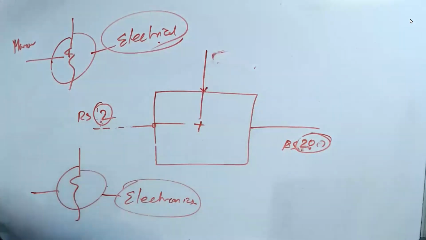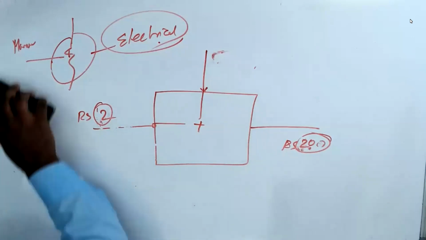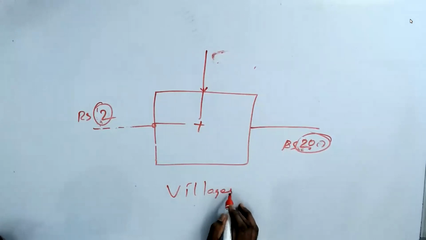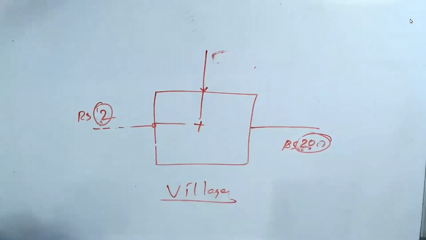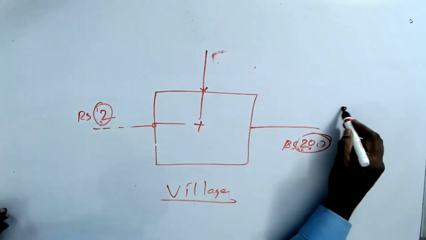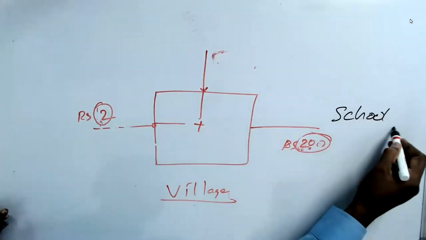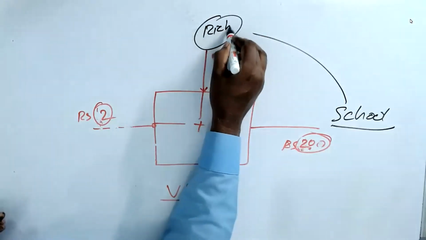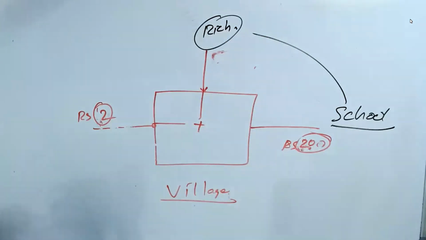Let us take a village, then you will understand. The villagers have decided to construct a school. They went to a rich person. The rich person said, okay, I'll agree.